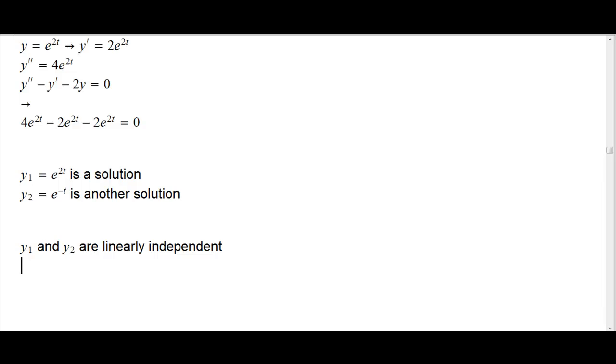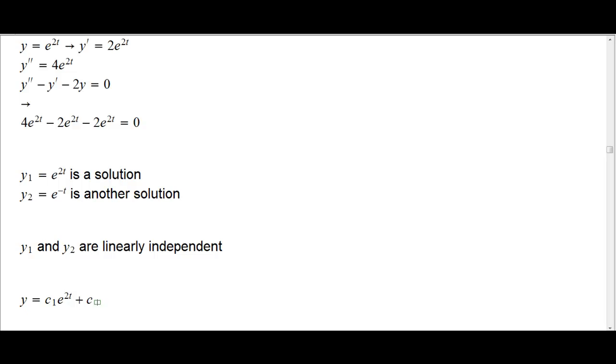We had a second order differential equation. We wanted two linearly independent solutions, and we got it, right? Okay, so if you would like to write a general solution, how can you write it? Just write a linear combination of these, right? That is c1 e to the 2t plus what?